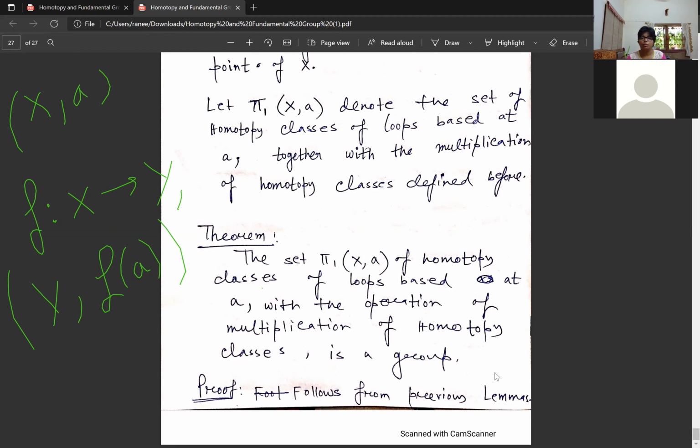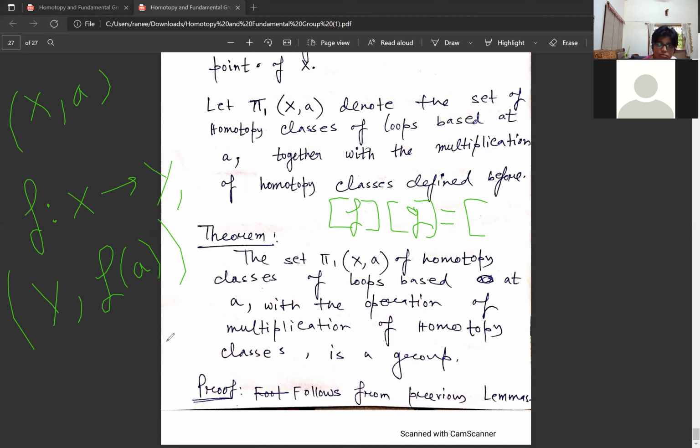I'm claiming that with the operation of multiplication of homotopy classes, which we have already seen as the product of two paths, and we have already checked this multiplication is well defined. If f is a loop at A, and g is a loop, this is basically fg. The product of two paths is defined if the end point of the first is the same as the initial point of the last one, but in this case they are loops, so initial and terminal points of everything are the same.